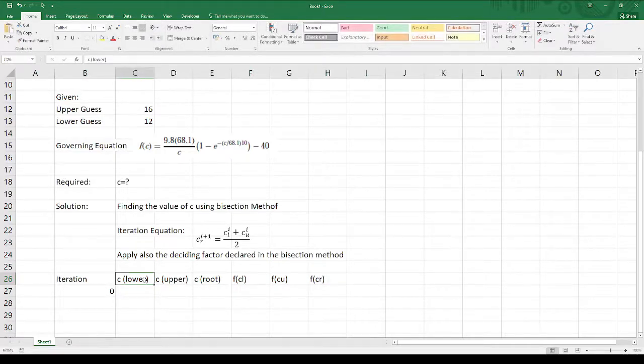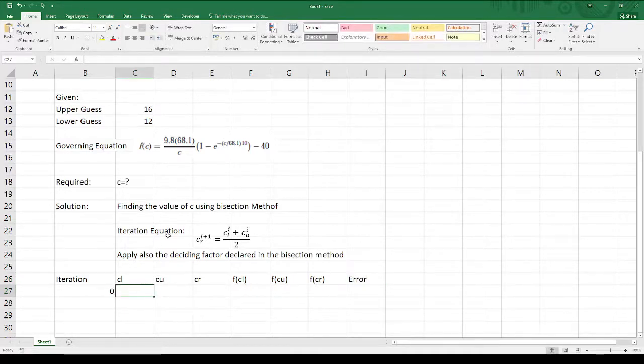So delete it, and follow the description below, presented as CL, CU, and CR. So we will put here an error, just to see how much error you got in every iteration.